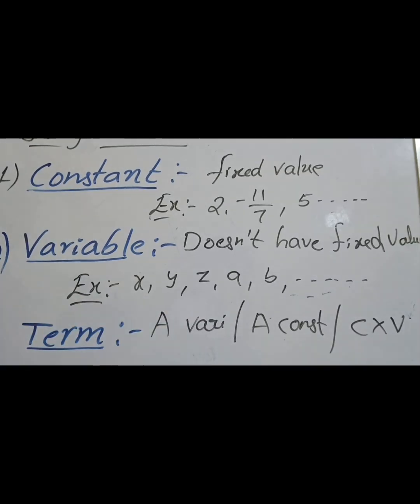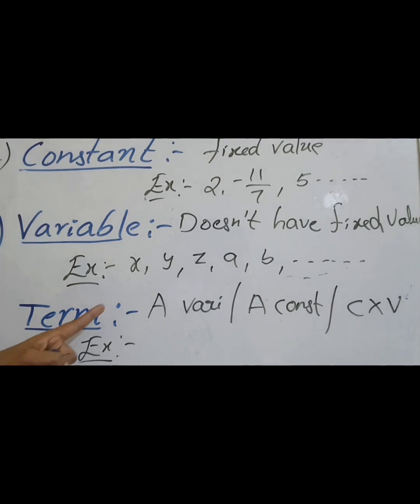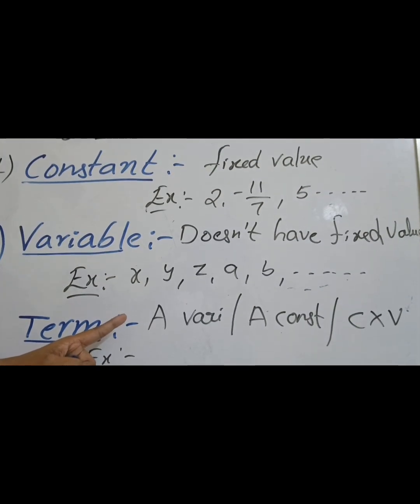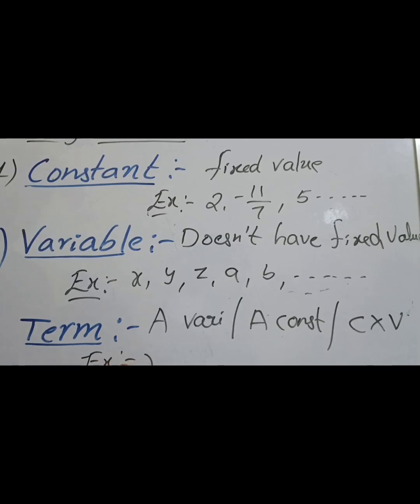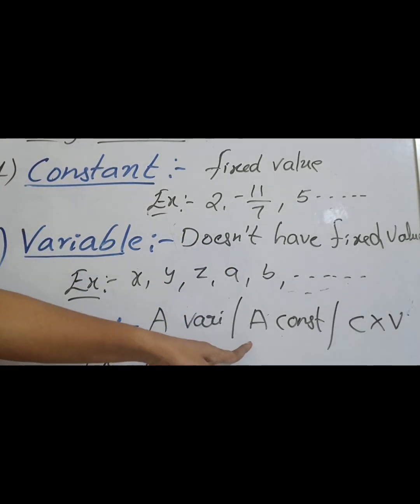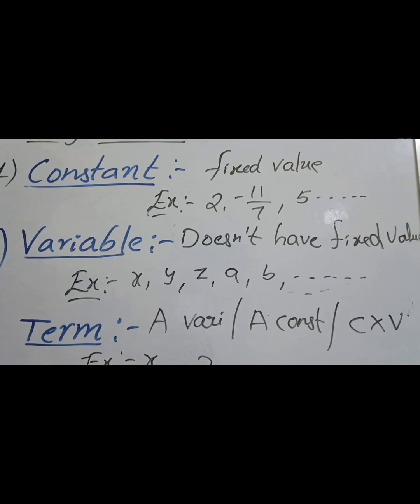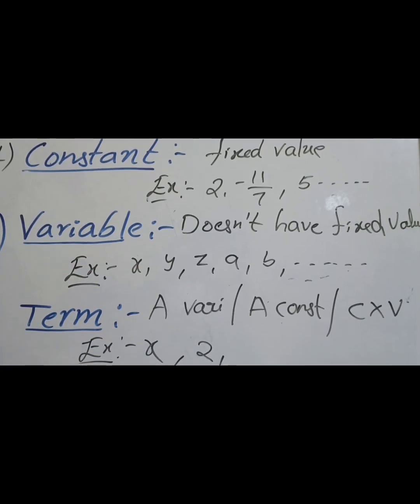Now, I'll give the example, children, then you can understand. Let us take one variable, like x, which we discussed just now. This is also a term. Or a constant, 2. Not only 2, you can take any number, but that is also a constant.